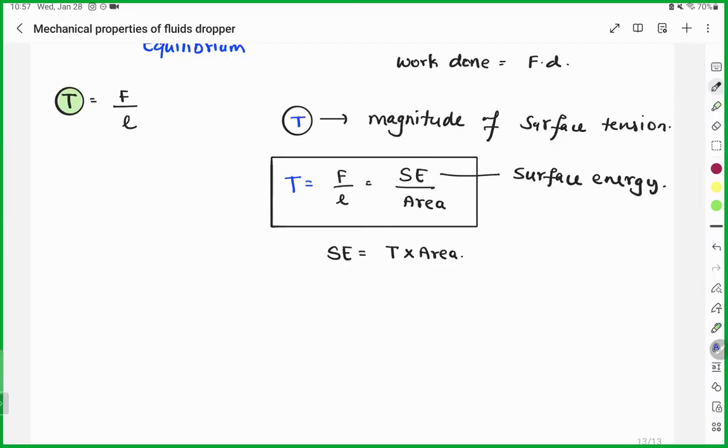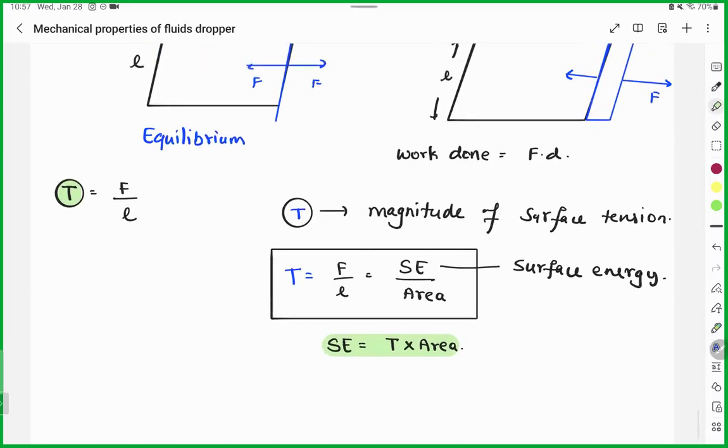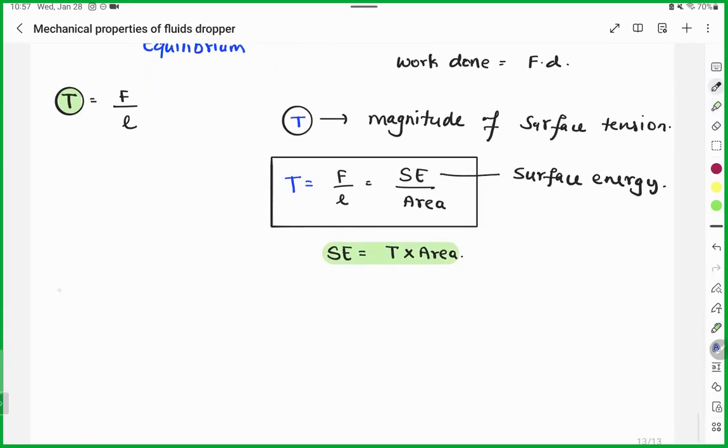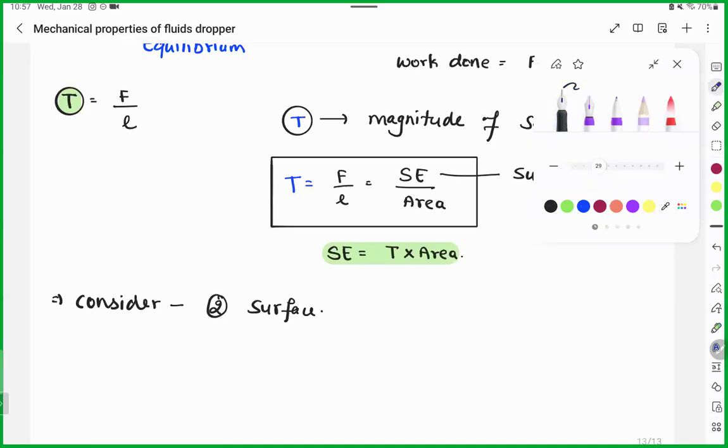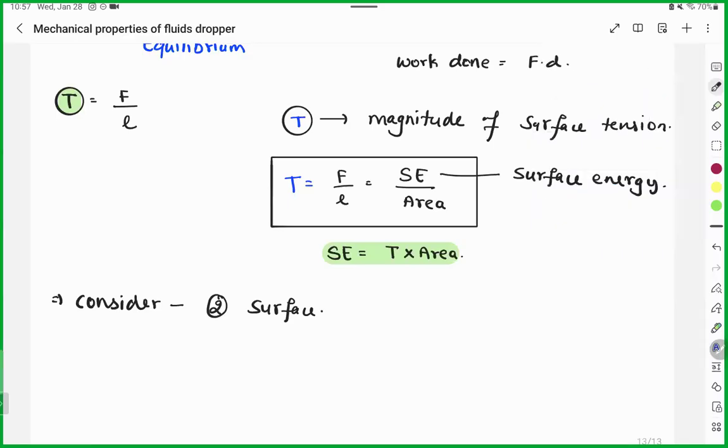Yes or no, guys? Surface tension multiplied by area will be your surface energy. Yes, sir. In this situation, remember we are considering two surfaces, both sides. So consider two surfaces.